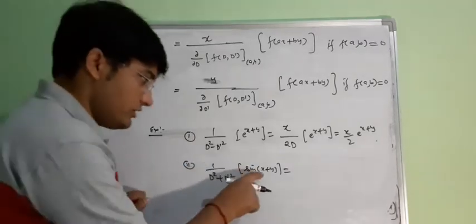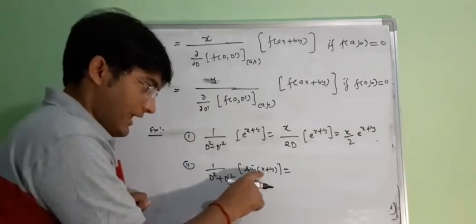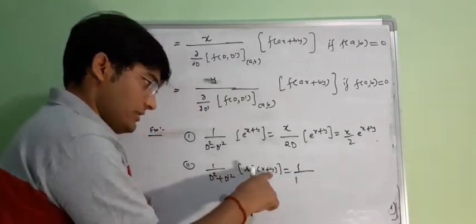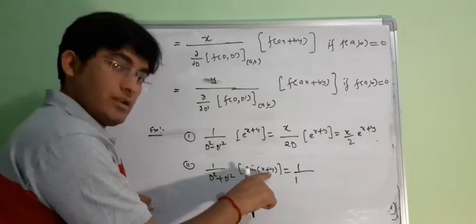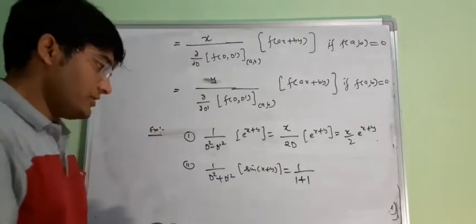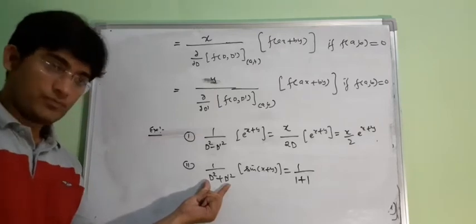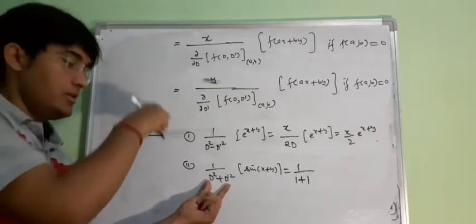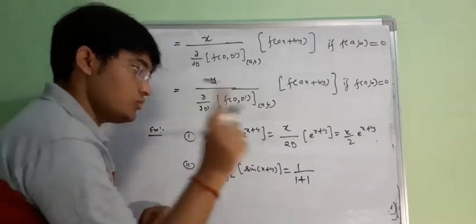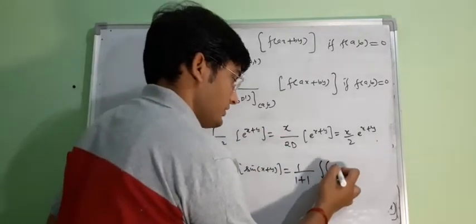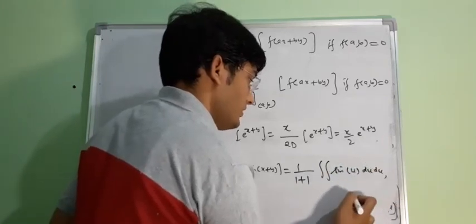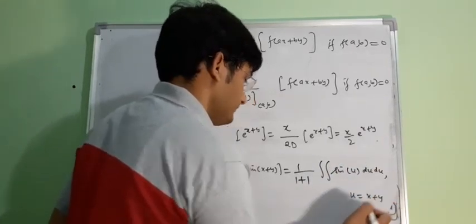If we replace our D by a, that means 1, and our D' by b, which is 1, this will be 1 plus 1. Now as the degree of this term is 2, please remember formula 1. We will integrate this term 2 times with respect to some variable u, where u will be x + y.